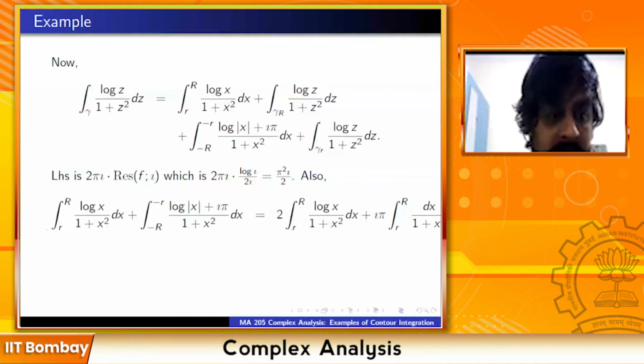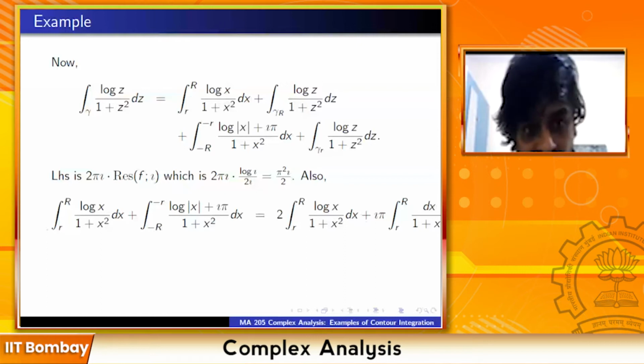Therefore, the integral from little r to capital R plus the integral from minus capital R to minus small r is equal to, I want to manipulate this a little bit.